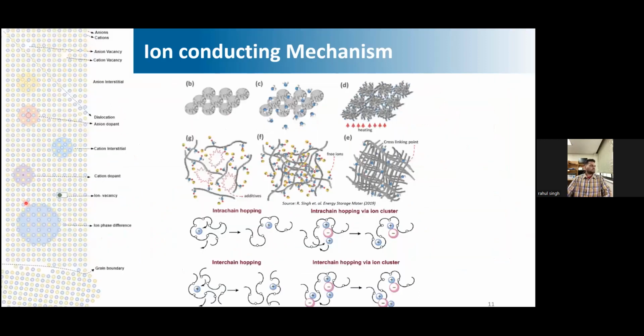And here I have shown the different sites, how anion and cation depend on the different defects inside, whether it's a crystalline network or polymer network, because polymers are composed of crystalline and amorphous material. So those regions have been defined. In a crystalline region there will be anion and cation vacancies, and there will be grain boundaries or phase differences between them. Ions move through these phase differences and grain boundaries very efficiently.